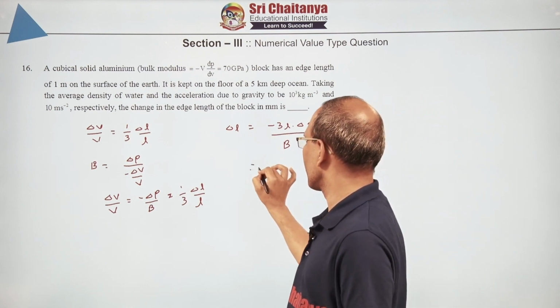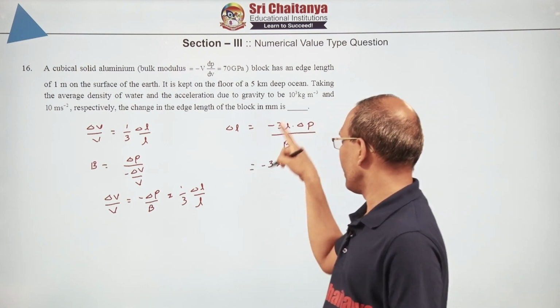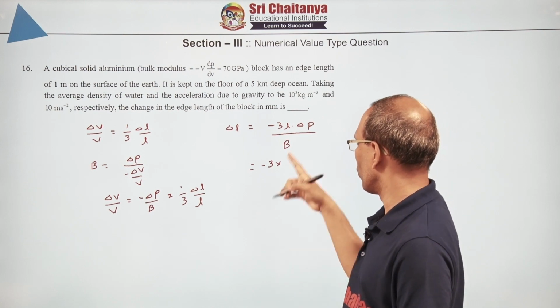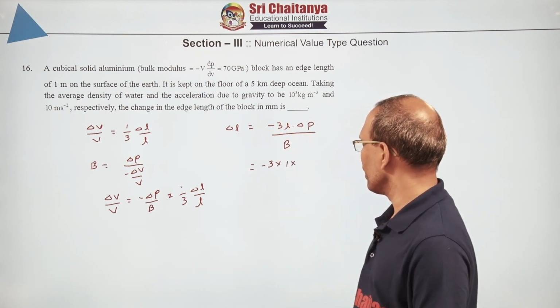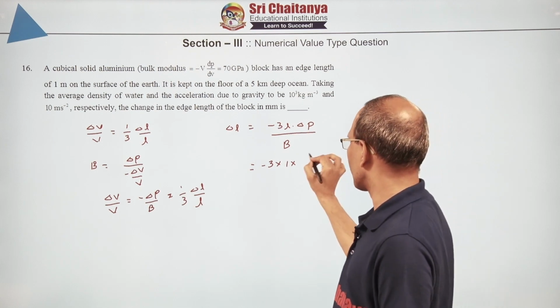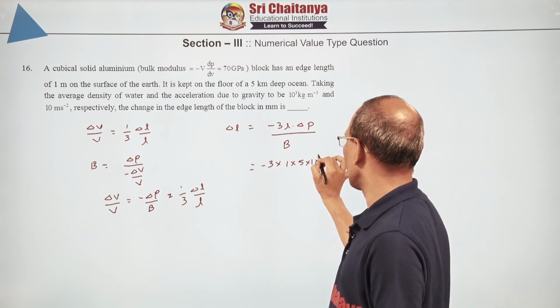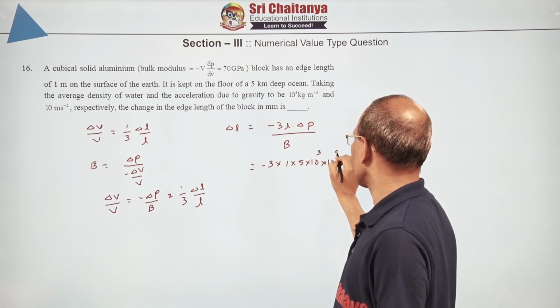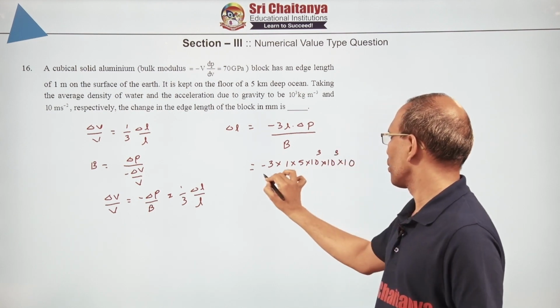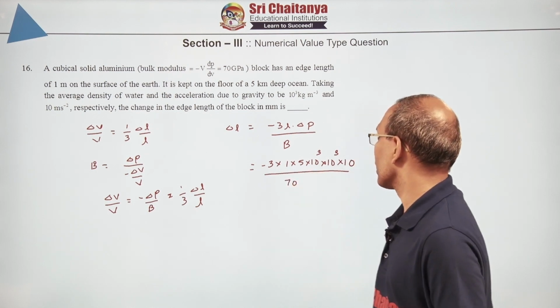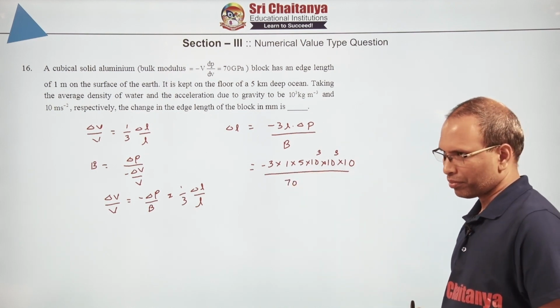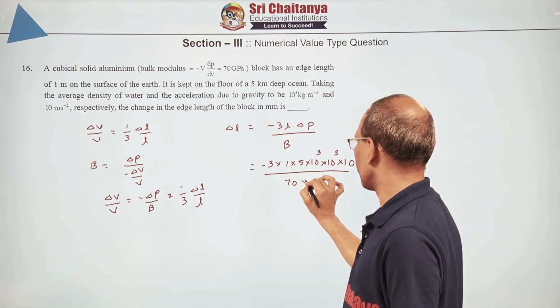So we get it as minus L, original length of the cube, 1 meter. Delta P is h rho g. h is 5 into 10 power 3, rho is 10 power 3, g is 10, by bulk modulus 70 gigapascal, which is 10 power 9.